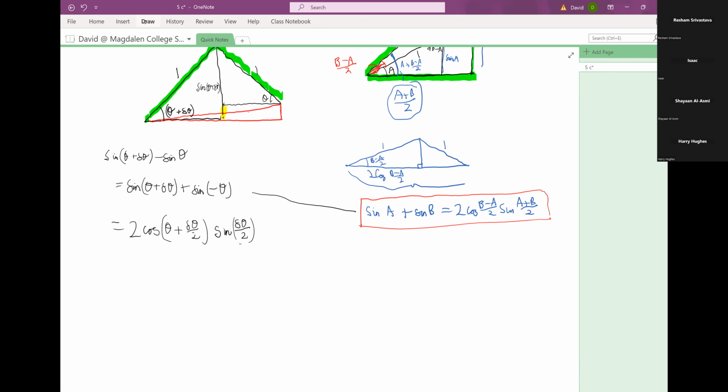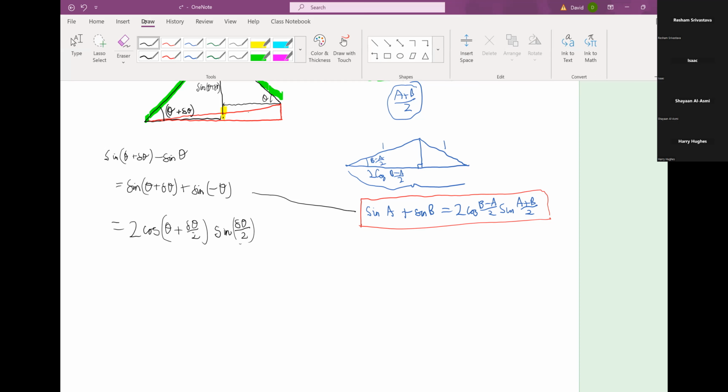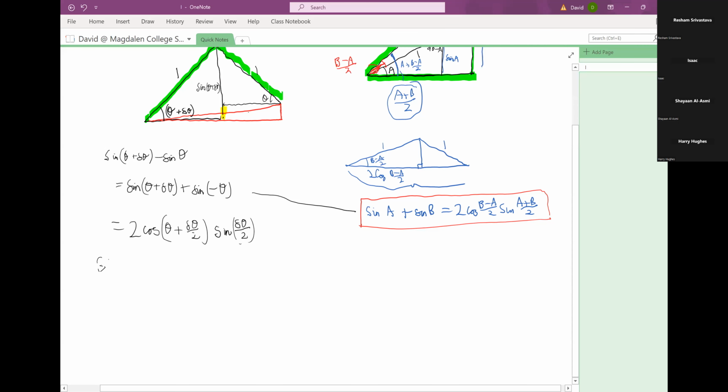And so now we need to think about what happens when delta theta goes to 0, because that's the essence of differentiation. Now the first term, it's very simple to understand what happens when we go to 0.